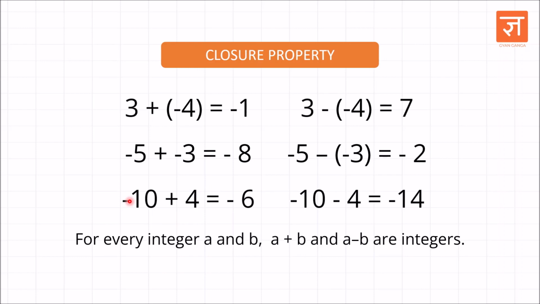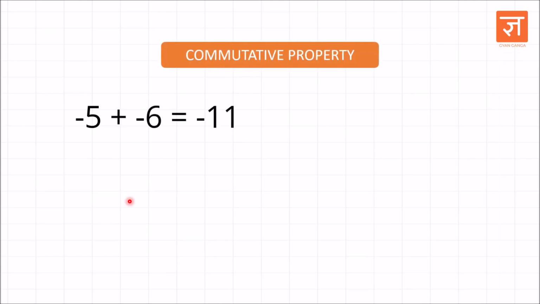So minus 5 plus minus 6 is equal to minus 11. But minus 6 plus minus 5, is it equal to minus 11? Calculate करके देख लो, माइनस माइनस प्लस ही करना है. So it's commutative. However we add, minus 6 to minus 5 or minus 5 to minus 6. Let's see another example of one negative and one positive.